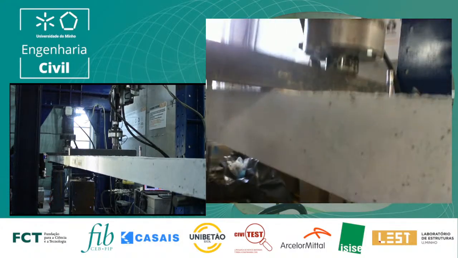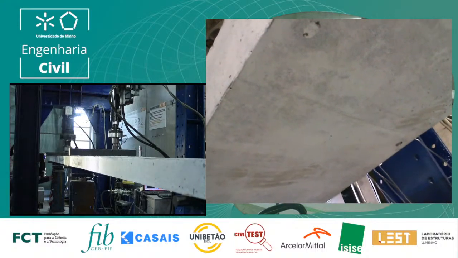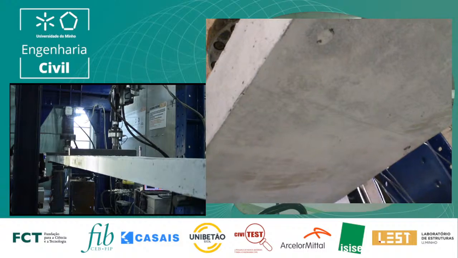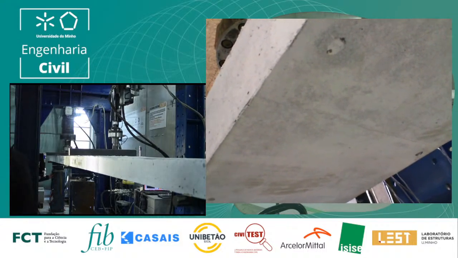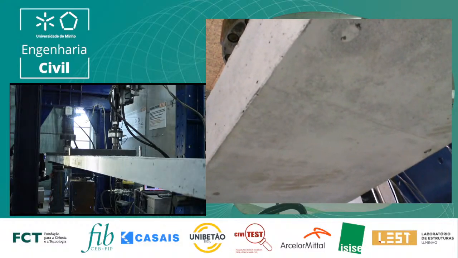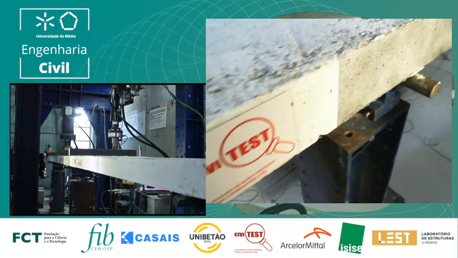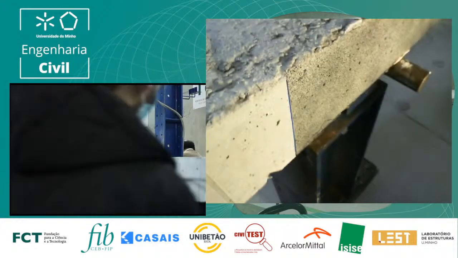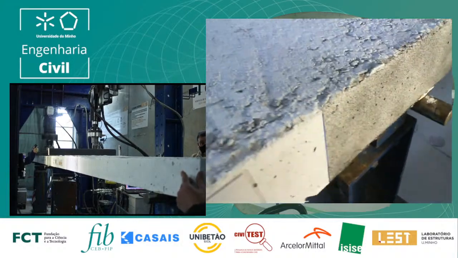And in the bottom we have also installed strain gauges in the conventional reinforcements. So we have 4 bars of 5 millimeters in the bottom, as well as 4 bars of 5 millimeters in the top. So it's a relatively small content of reinforcement.